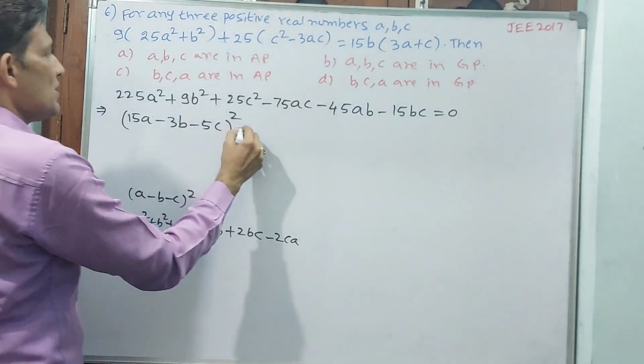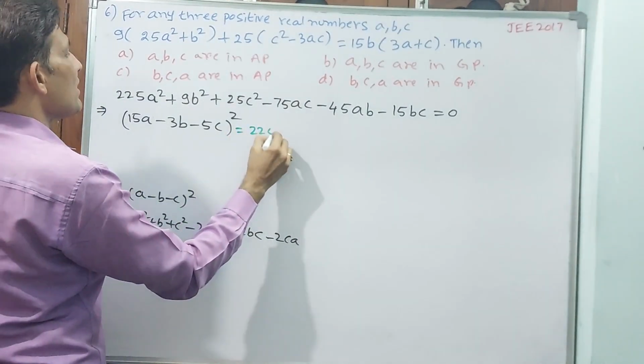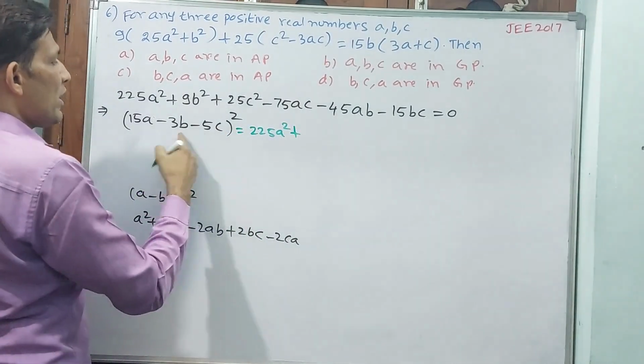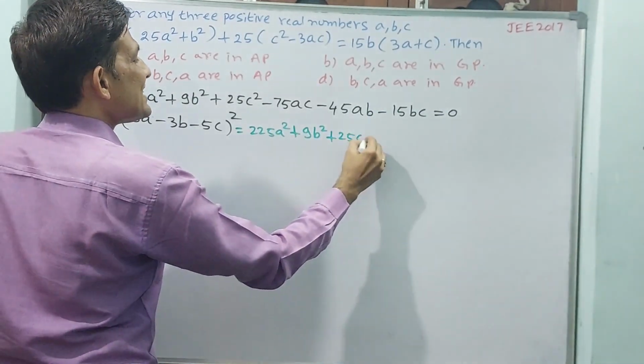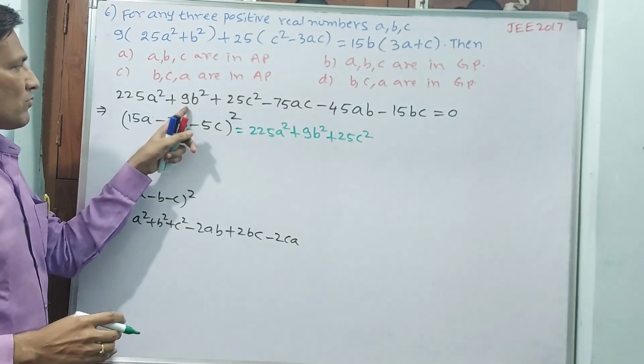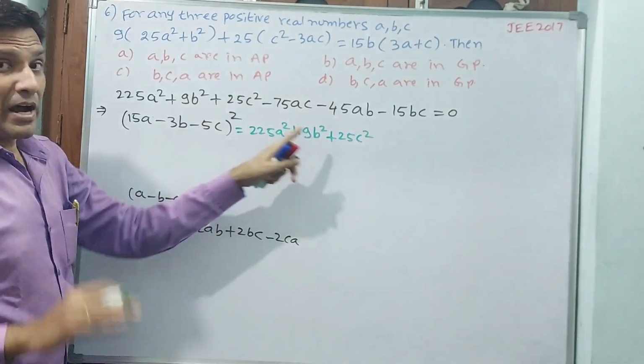And you expand this. You see a² is 225a², b² is 9b², c² is 25c². Okay, until now okay.